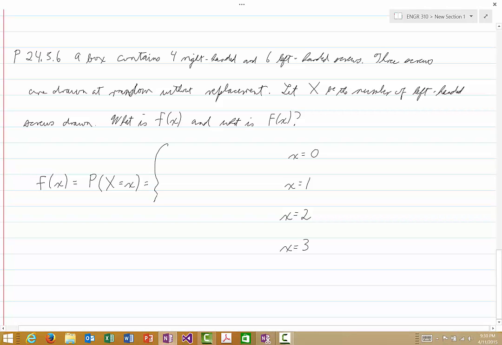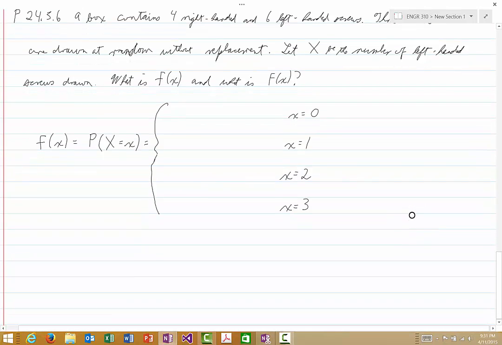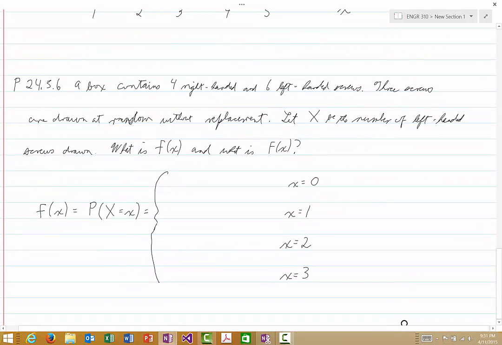So now we just need to find these probabilities. If you haven't done this already, I encourage you once again to stop and figure out each one of these probabilities, and then let's do it together. Okay, so first we want to know the probability that you'll get 0 left-handed screws. Well, of course, there's only one way that can happen, and that is if each one of the screws drawn is right-handed.